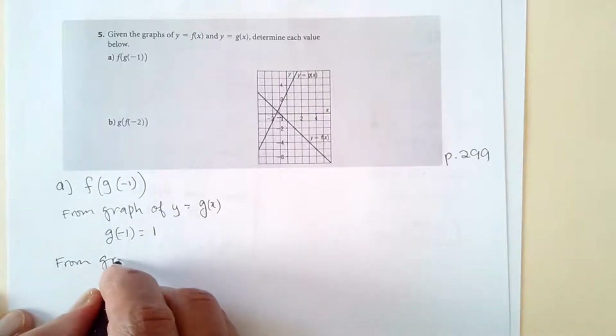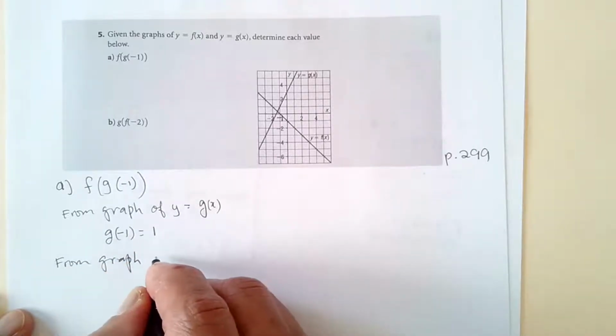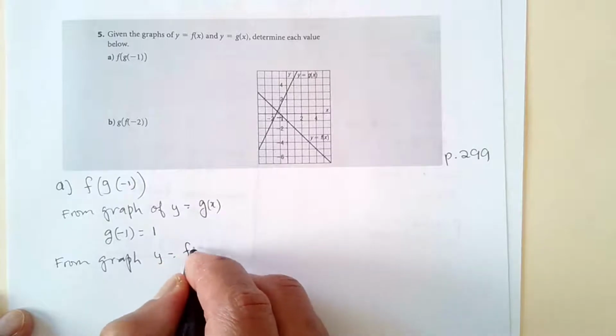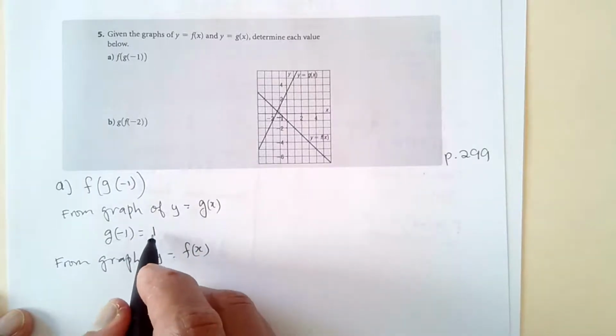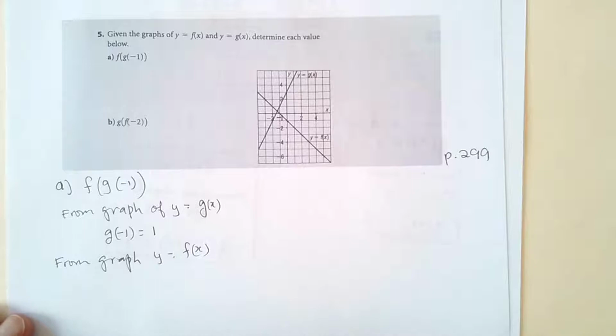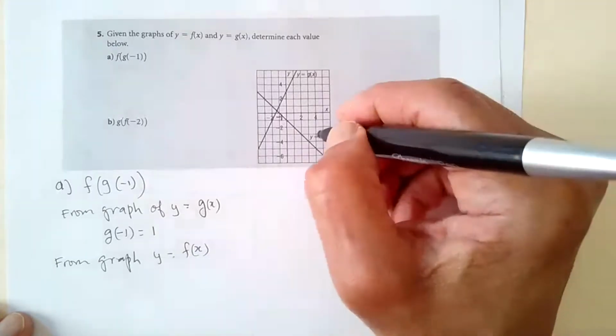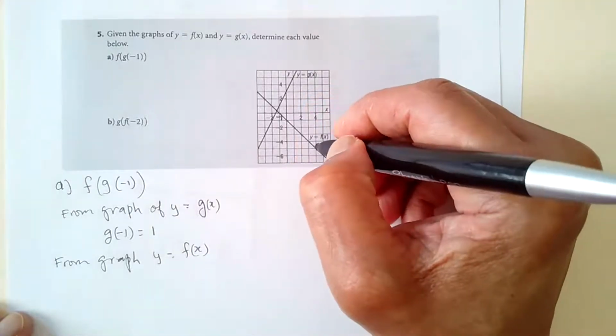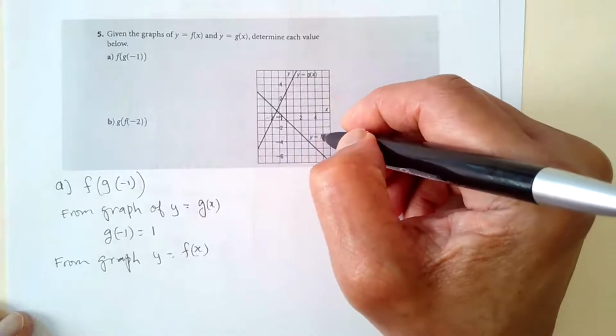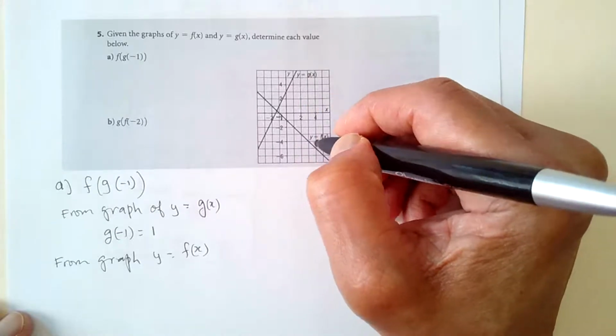Then from graph y equals f of x, we're going to use this one. We're going to find, when the x value is 1 on the graph y equals f of x, what is the y value?